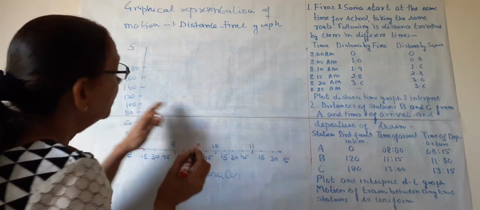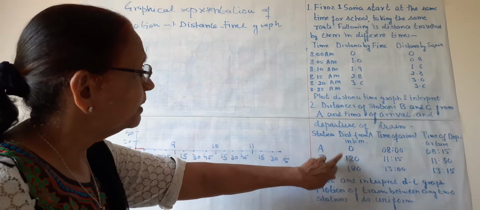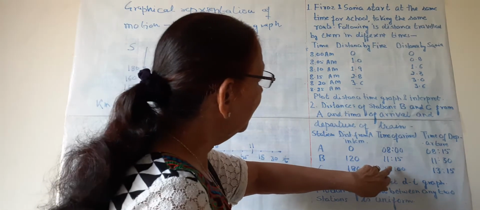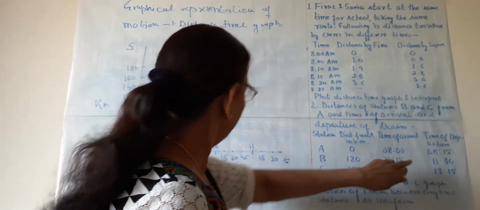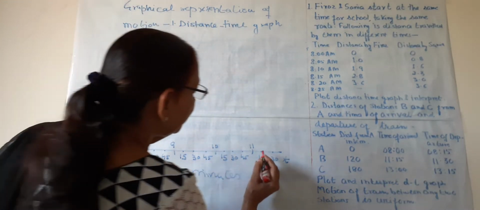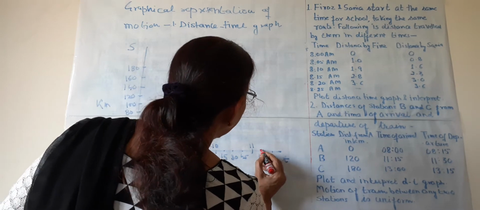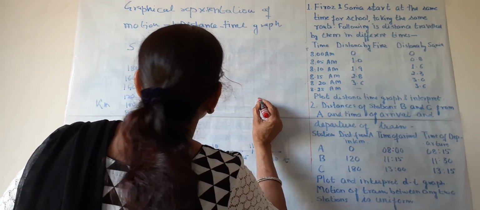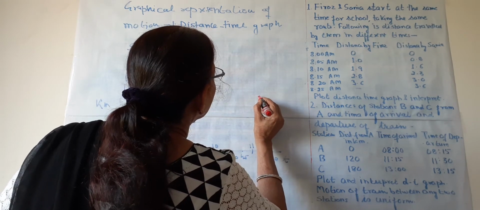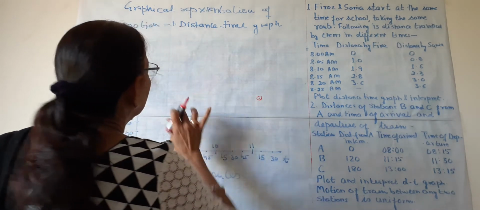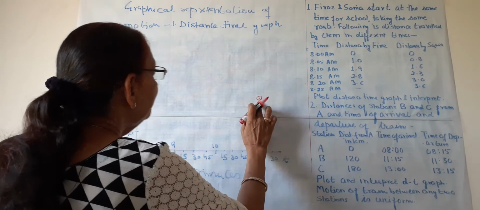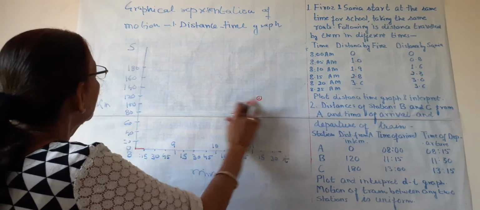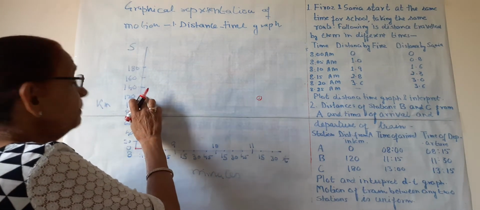It is 120 kilometers apart from station A and the train reached here at 11:15. Where is 11:15? Here is 11:15. The dot will be here. The train at 11:15 reached at B.